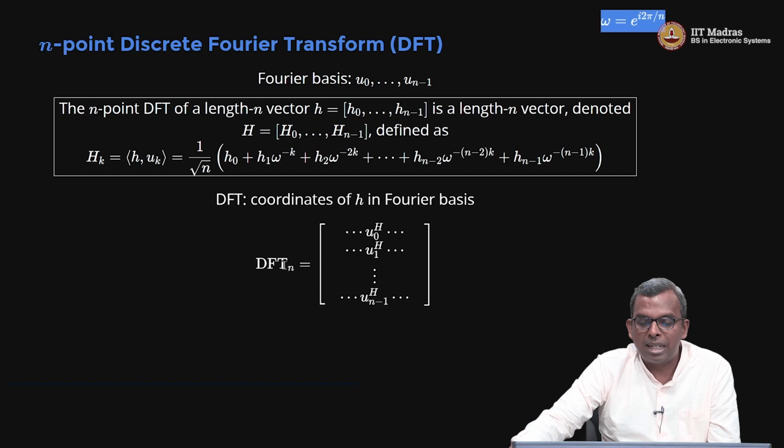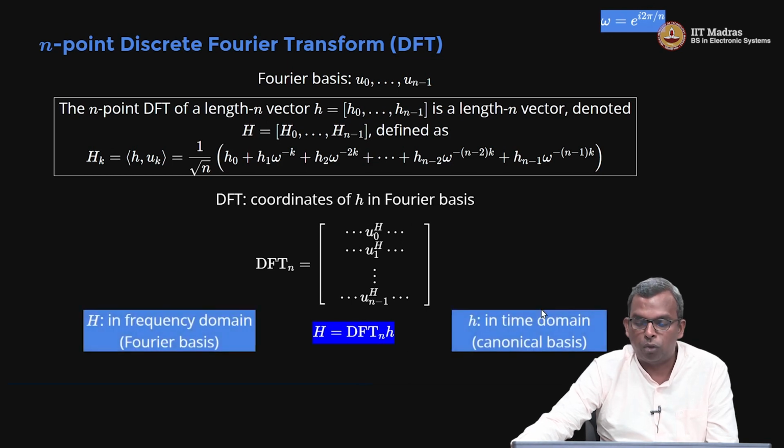Now, go back to the DFT n definition, which was u0 Hermitian, u1 Hermitian to un minus 1 Hermitian. Capital H is DFT n times small h, which is the same as what we did before. In signal processing, people call the small h the time domain, which is the canonical basis. Once you multiply by this, you get the same vector in the frequency domain, expressed in the Fourier basis.